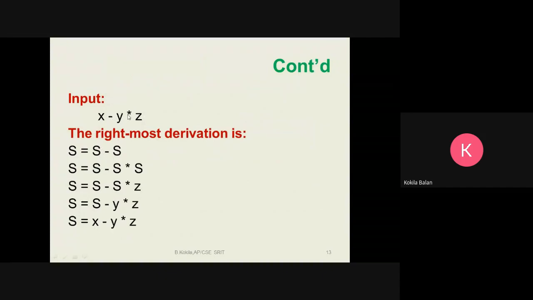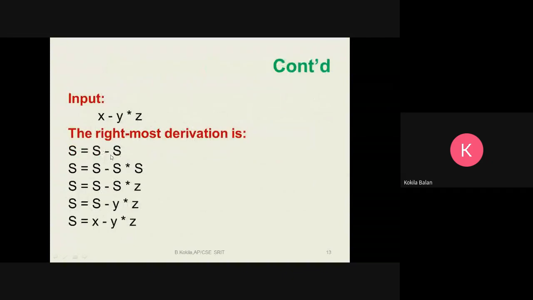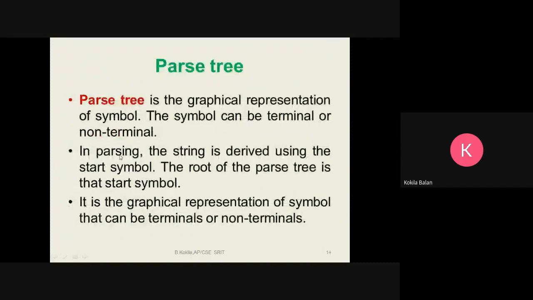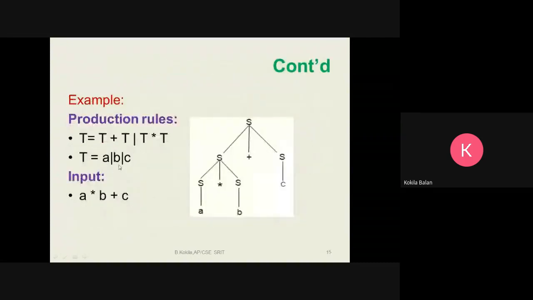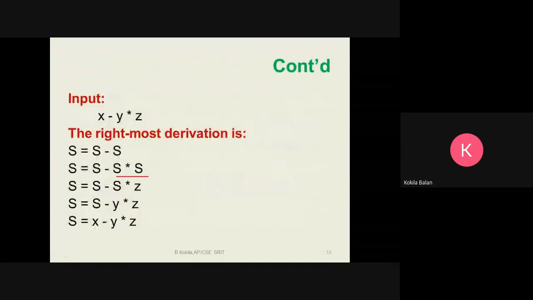We need a minus and then a star. So S turns to S minus S. Then again we need a star, so this S can be replaced with S star S. So we got minus and star as given in the input.